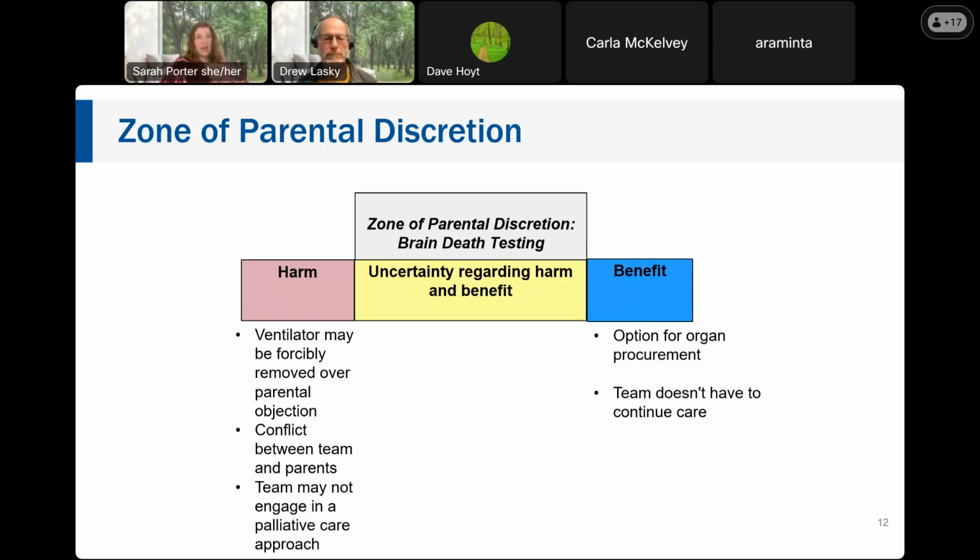The medical pathway is that you wait for those clinical signs, you get your brain death testing, you declare the child brain dead, then you talk to the family about organ procurement, and you make a plan for what the final removal of support looks like, depending on if they're going organ procurement or not.